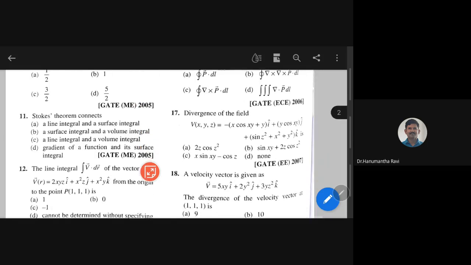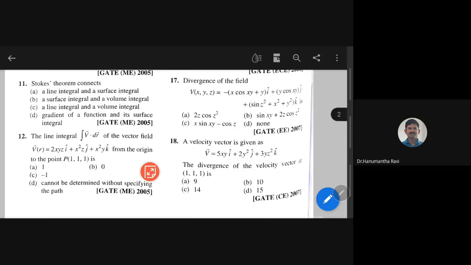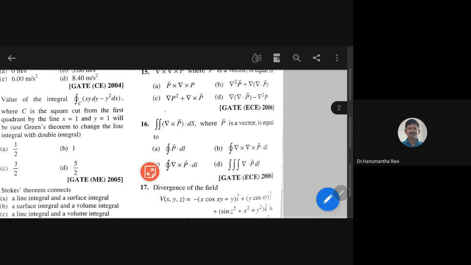Stokes theorem connects everything, and these things also we have done.